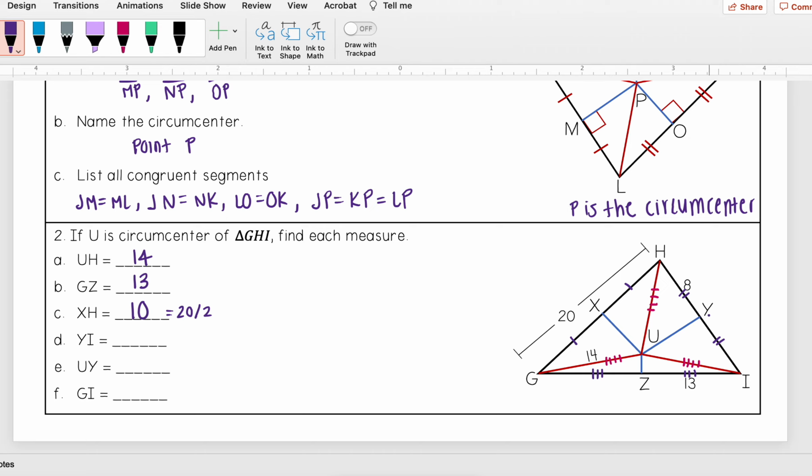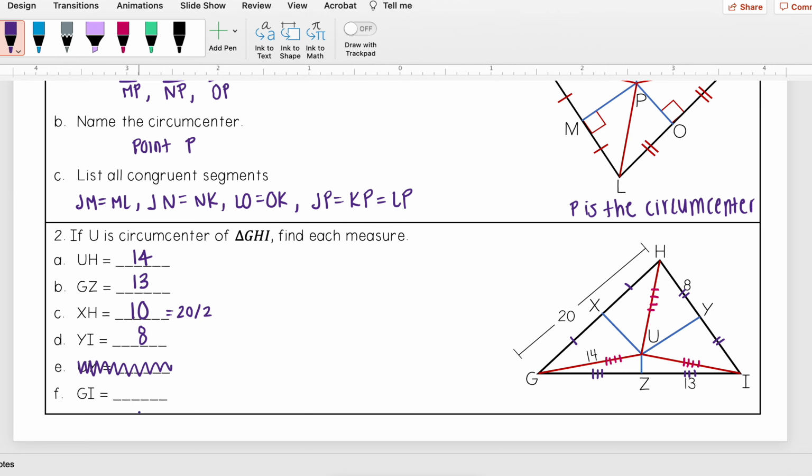Next, I want to find YI. I know that YI is congruent to YH, and since YH is equal to 8, that means YI is also equal to 8. Then next I want to find UY. That was a typo. We're not actually going to find that.